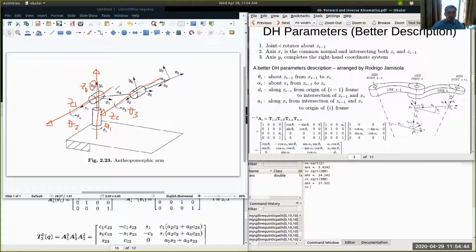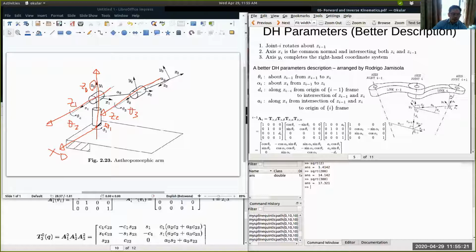For the base of the robot, we can choose arbitrarily where the X axis and the Y axis are, and the Y-axis completes the right-hand rule. For example, we can choose to have the X-axis here, as our X0 axis. That means we are saying that the origin of the zeroth frame is here.